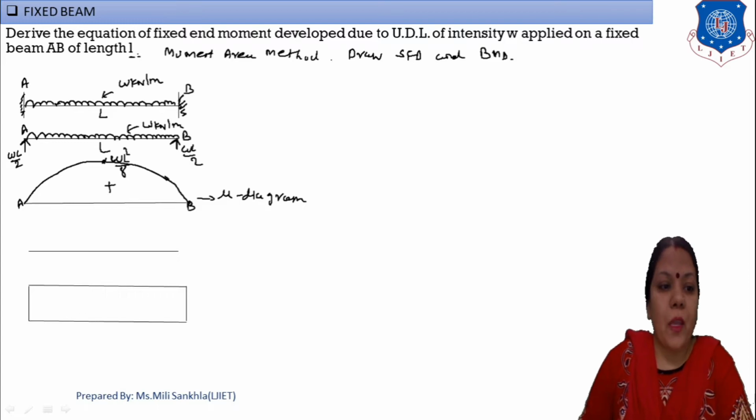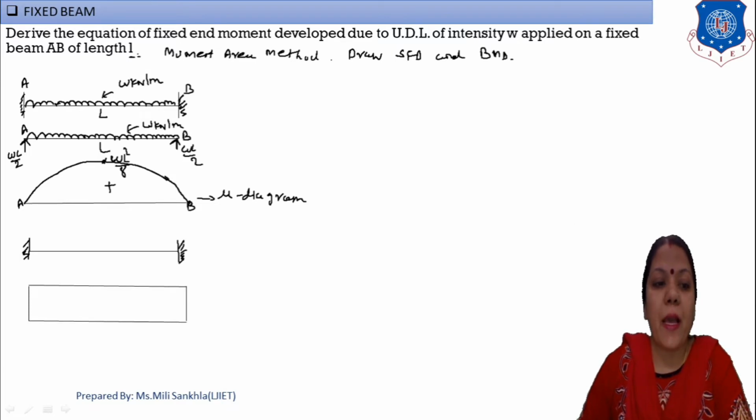Now third, next step: in the fixed beam, remove all the loading and apply hogging moment. Hogging moment means negative moment. This is our A point, this one is our B point, and here distance L. Now draw the BM diagram of this hogging moment.